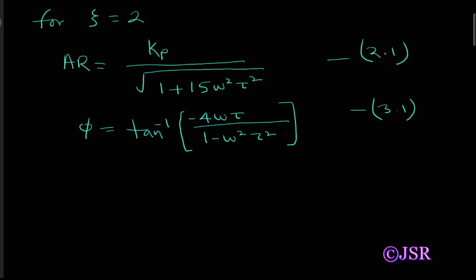So in this case, we have amplitude ratio equal to Kp upon under root this.